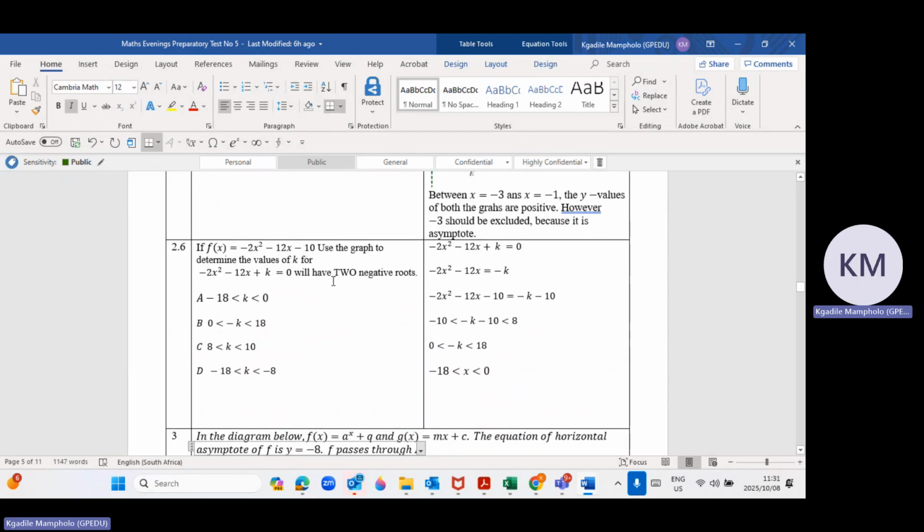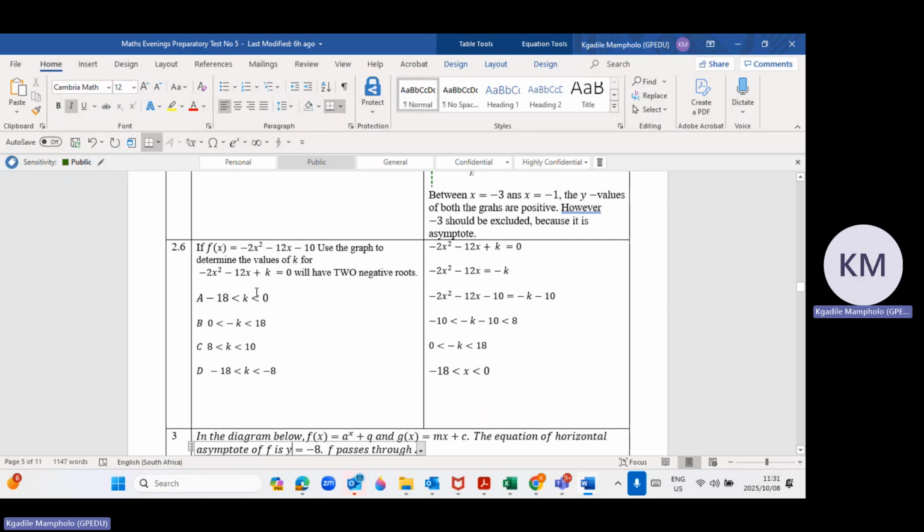2.6. If f of x is equal to -2x squared minus 12x minus 10, use the graph to determine the values of k for which -2x squared minus 12x plus k equals 0.